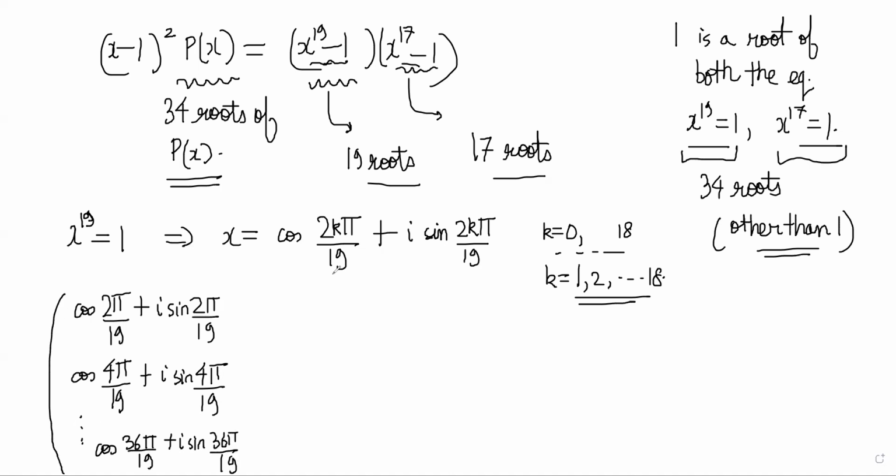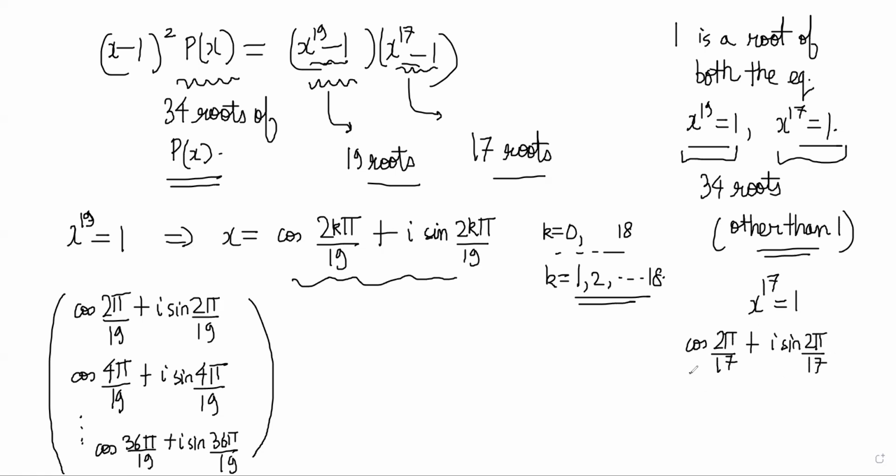These are the 18 roots that you get from here. All of these are complex numbers, and these are the first 18 roots. And here, when you do x power 17 is equal to 1, you get roots of cos of 2 pi by 17 plus i sine of 2 pi by 17, and so on.